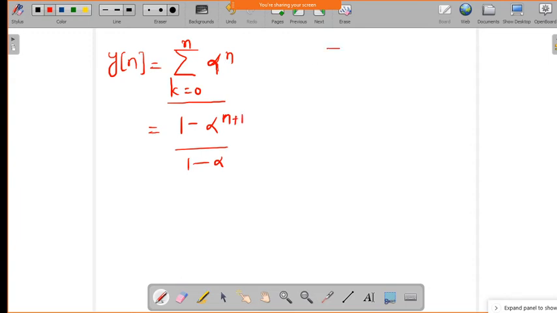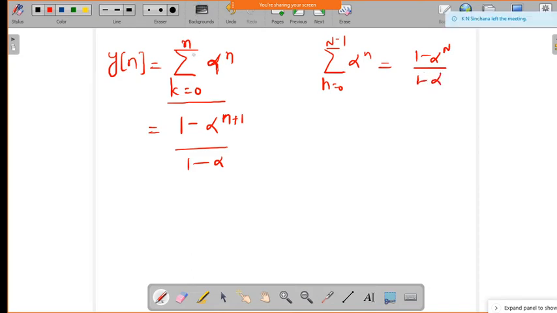If it were from 0 to n minus 1, the sum of alpha power n would be 1 minus alpha power n divided by 1 minus alpha. Since it exists from 0 to n, you add 1 and get n plus 1. So this is for whenever k exists from 0 to n, and 0 otherwise.